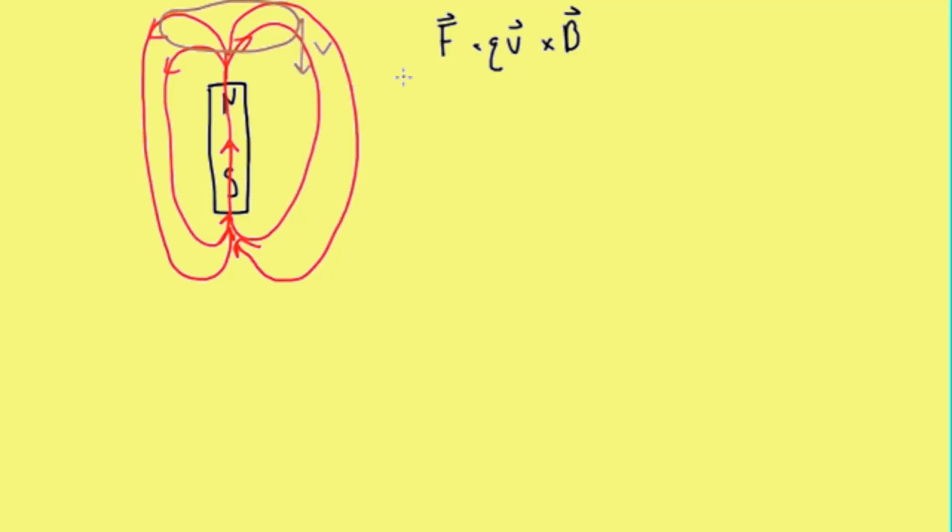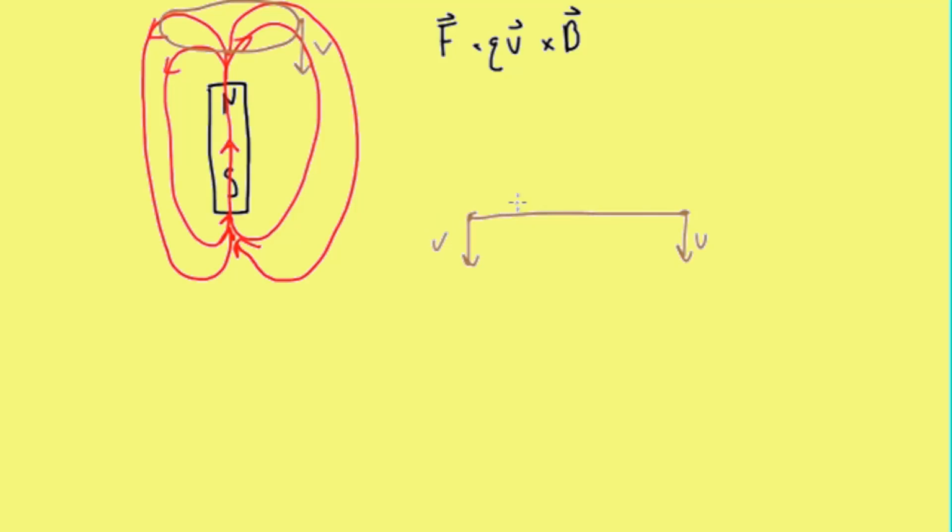So what we can do is redraw this loop of wire, but from a very edge-on view, so it's just going to look like a flat piece. This is just the loop of wire, but we're looking at it so that we only see the edges. Both of these are coming down with velocity v.